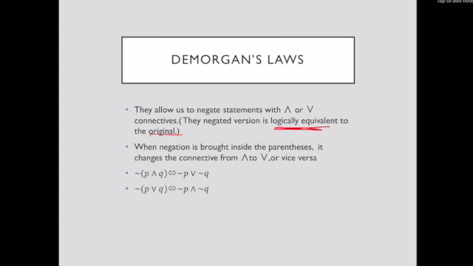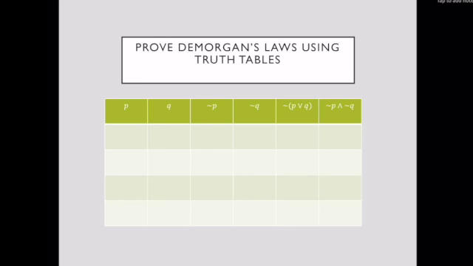So let's go ahead and make some truth tables to prove De Morgan's laws and show that they are logically equivalent and get a gut feeling for what logically equivalent means. So here I have my truth table, and I'm trying to prove De Morgan's laws. In order for something to be logically equivalent, the truth tables for both of these need to be the same. So let's go ahead and fill in our truth table.